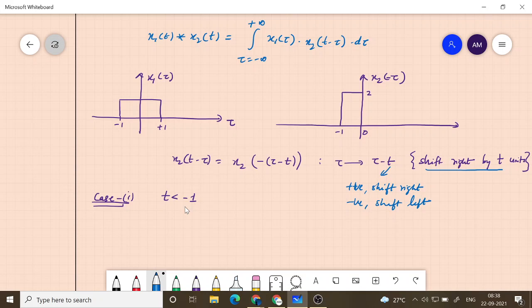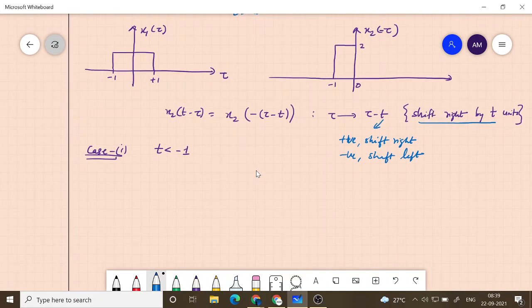So I am taking a case where t is less than minus 1, that means more negative than minus 1. So I need to shift the second function beyond the minus 1 point. Right now it is from minus 1 to 0. If I shift it by more than 1 unit to the left, then there will be no overlap with x1 of tau.